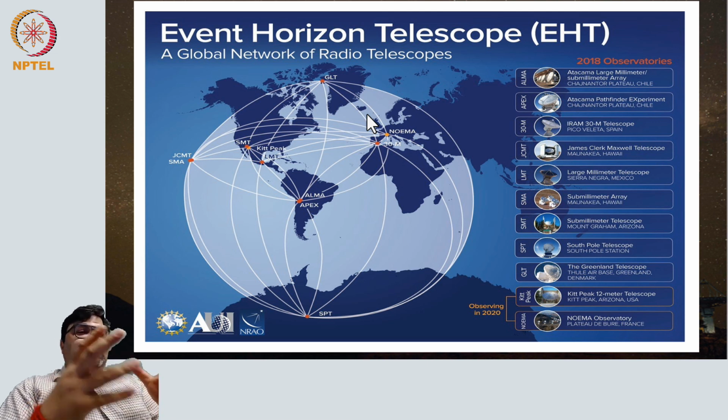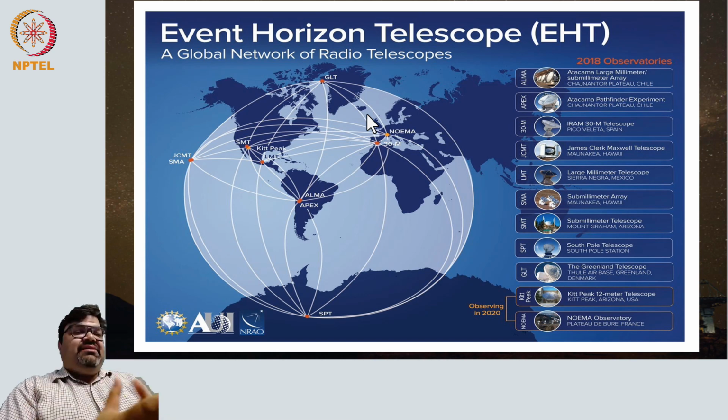So if you're trying to look very close to the black hole, which is at the heart of any galaxy, a supermassive black hole is generally at the heart of every galaxy, and you want to image that, that resolution is obtained only if you take the largest baselines possible on the Earth.